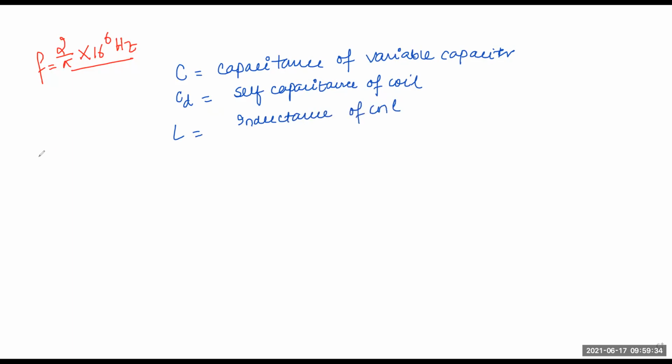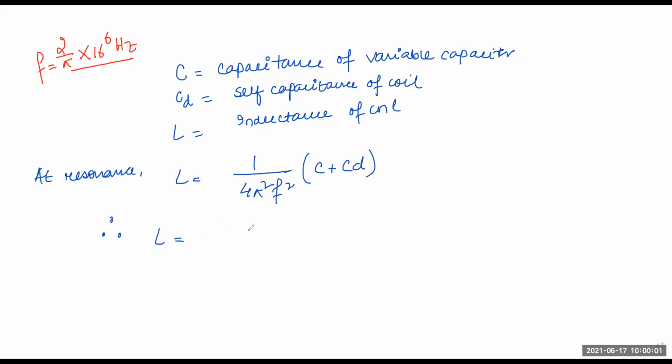Okay, so what is the formula of L at resonance? At resonance, L is equal to 1 by 4 pi square F square (C plus CD). This derivation I have already done in the previous class, so I have taken the help of that equation. So here you know what is F, right?